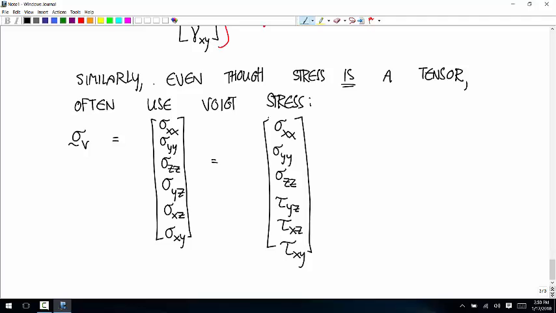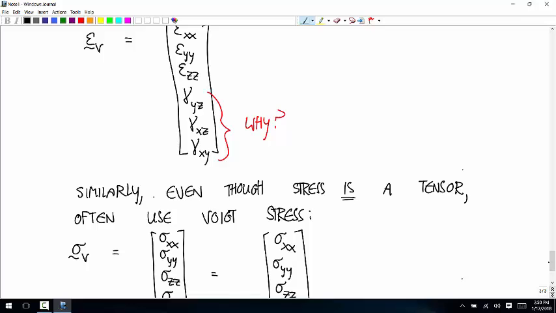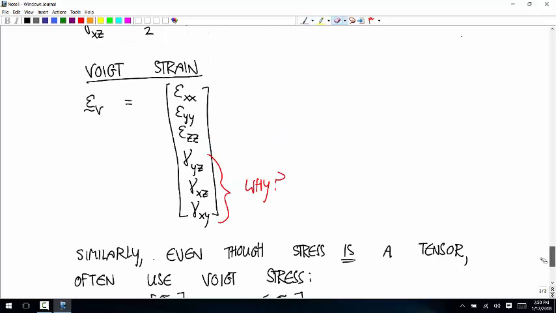On the other hand, you will sometimes see, I'm not even going to write it down because it's so angering, shear strains written as epsilons instead of gammas. Those have a different meaning. Those are twice as big as these.